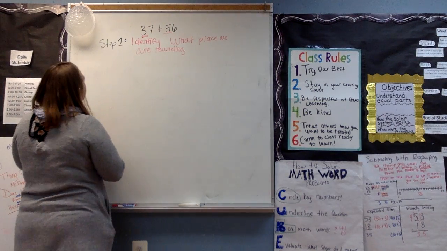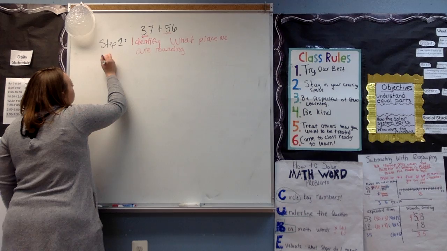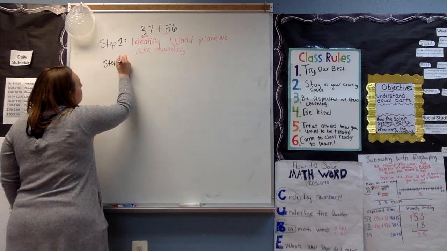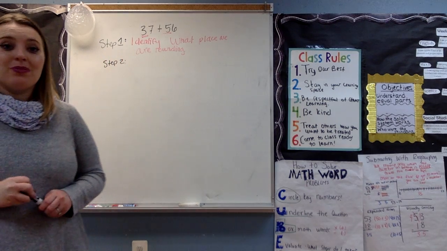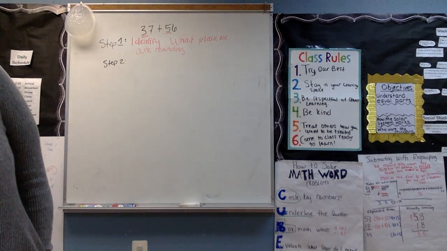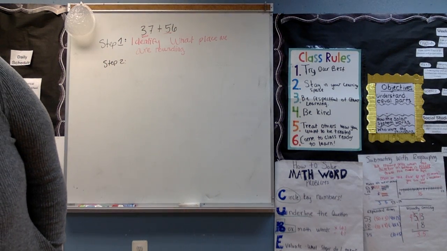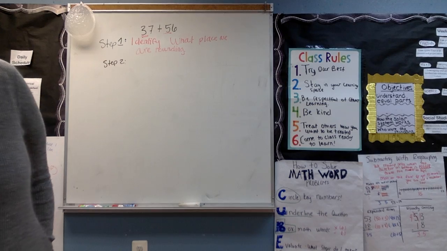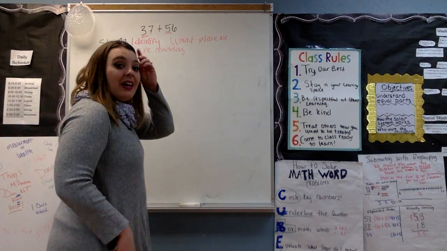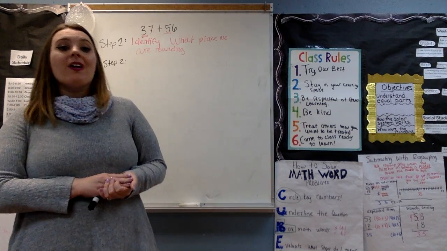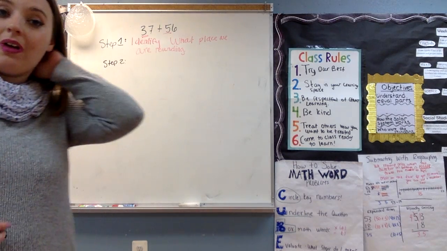Step 2. I'm going to use the exact same wording that I used earlier to teach you this. Go one spot to the right and circle our decision digit. Okay?